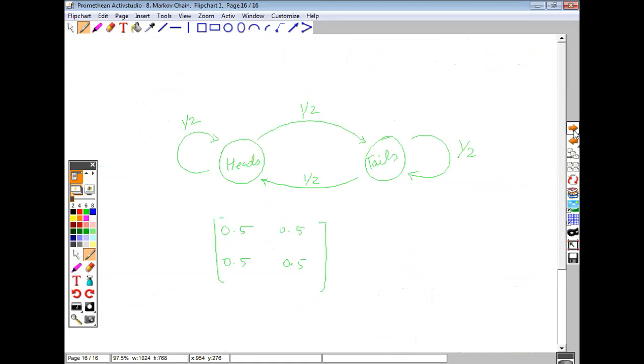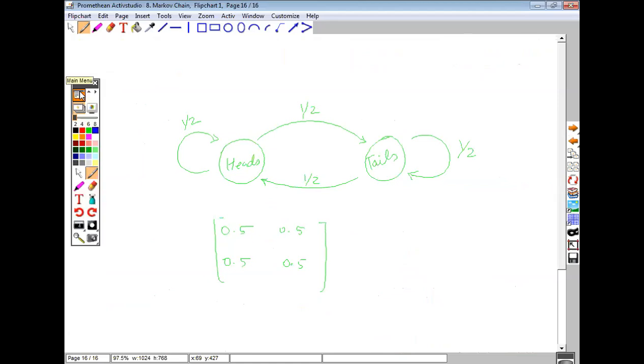We were discussing this example of a coin toss. Let us say we have 2 states, heads and tails, as usual in a coin toss, and these are the usual probabilities. So if I have observed a head today, there is a 0.5 chance that I will observe a head tomorrow, and a 0.5 chance that I will observe a tail tomorrow. And so will be the case for the tails as well.